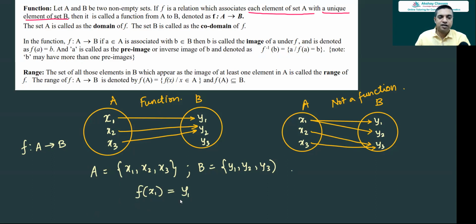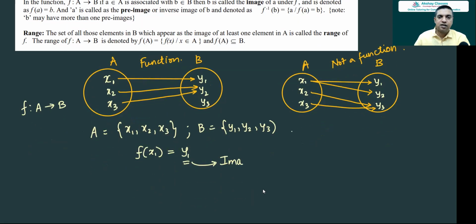Okay, f of x1 is equal to y1. So this y1 is called the image of x1 under f, and x1 is called the pre-image of y1 under f.